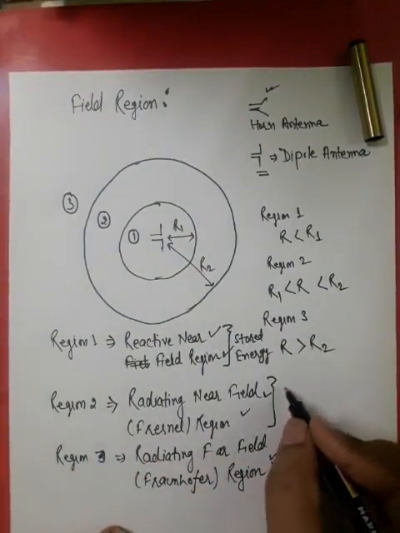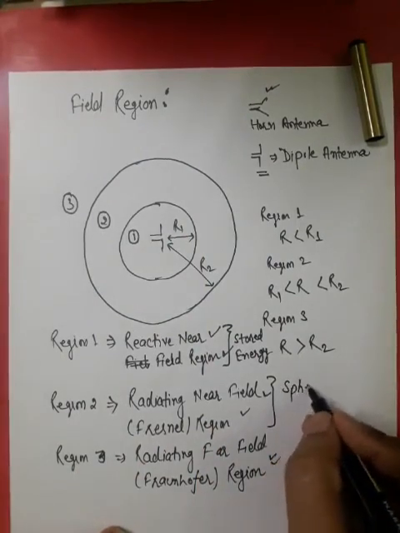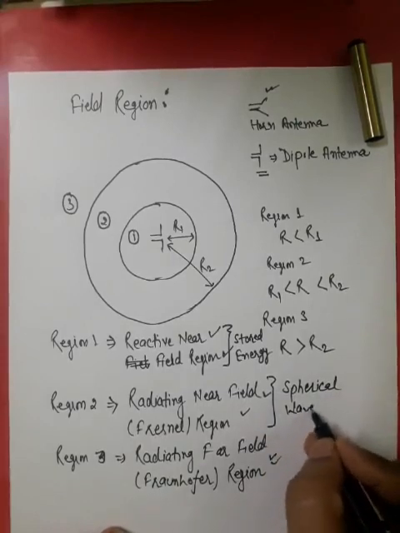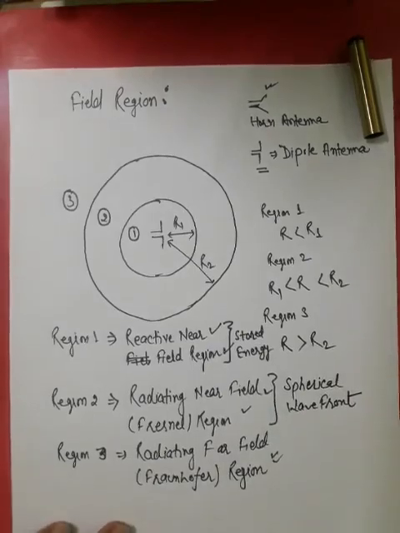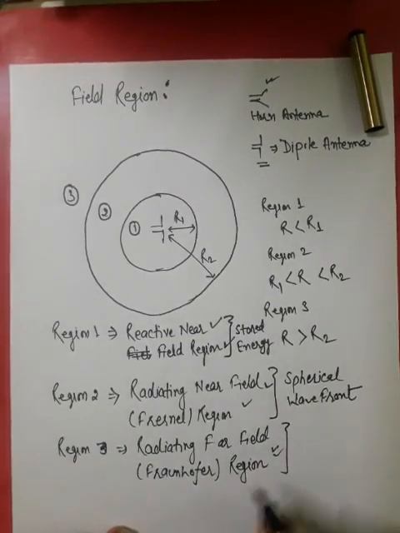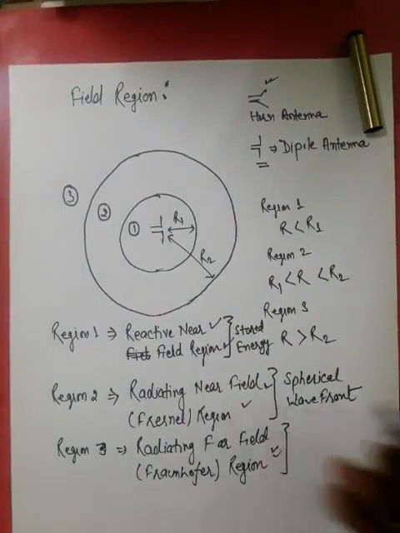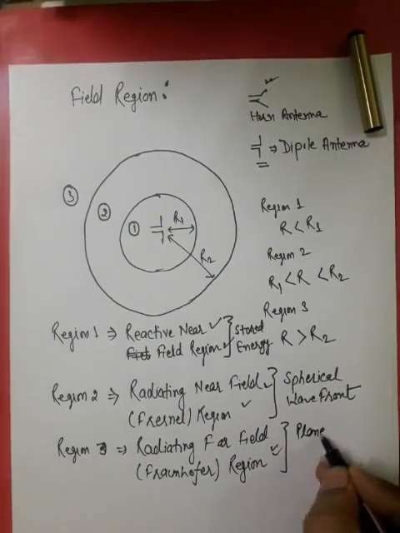If we look at the wavefront, it is a spherical wavefront. I will come to this wavefront again. And in the radiating far field region, which is region 3, the waves radiate in a plane wavefront.